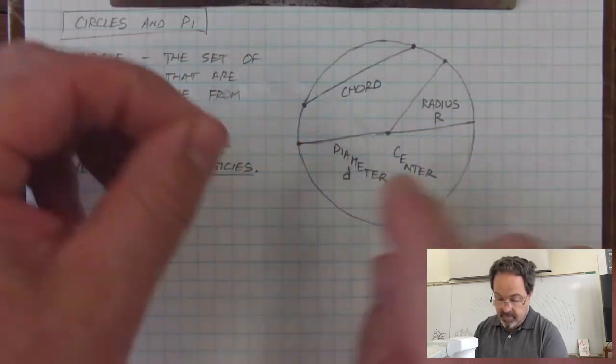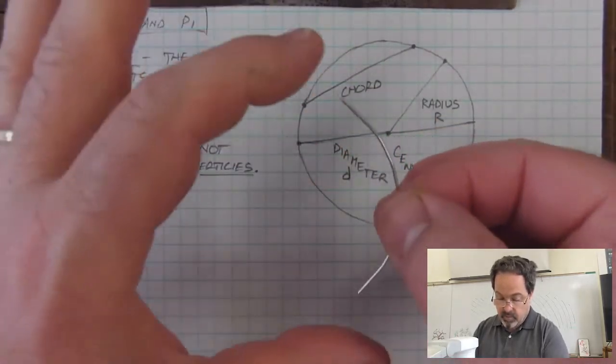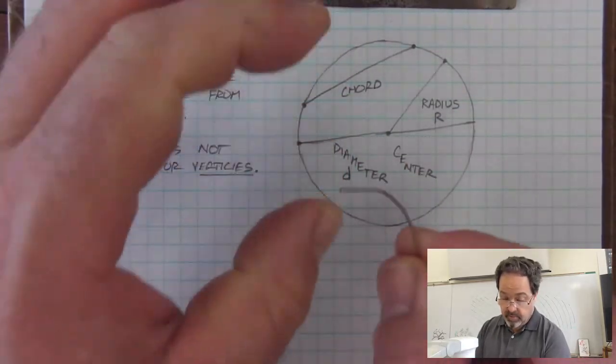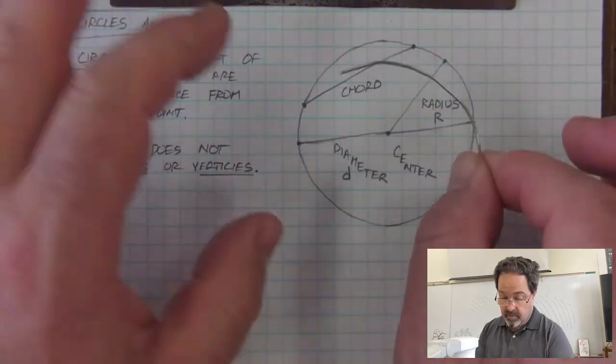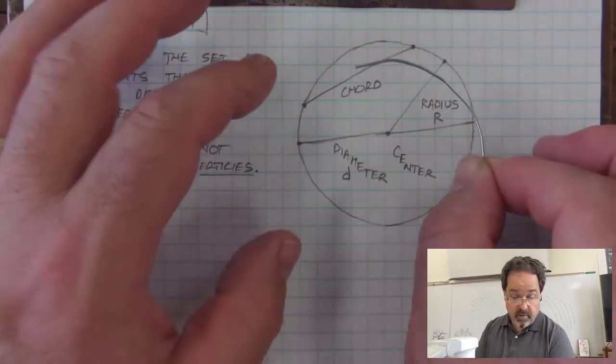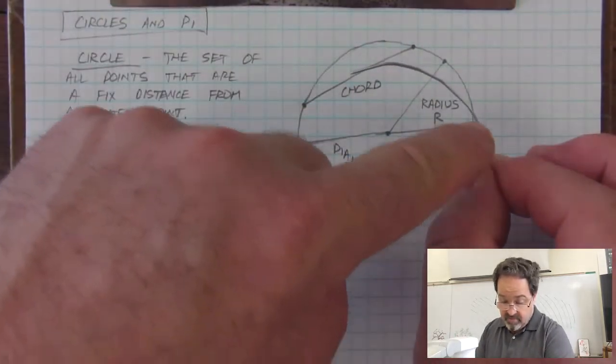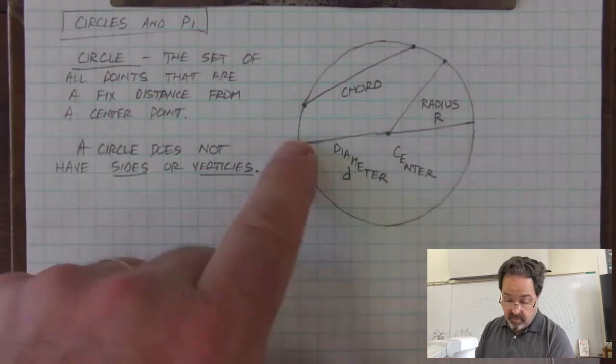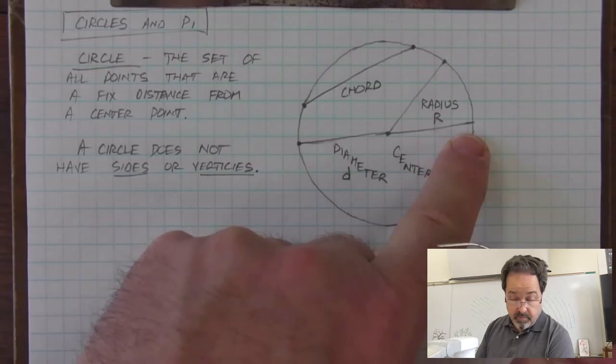So the length of the diameter, which is the length of this paper clip, has been bent. So now the paper clip is an arc, but the distance of that arc from one end to the other is the same measure as the diameter of the circle that it was made from.